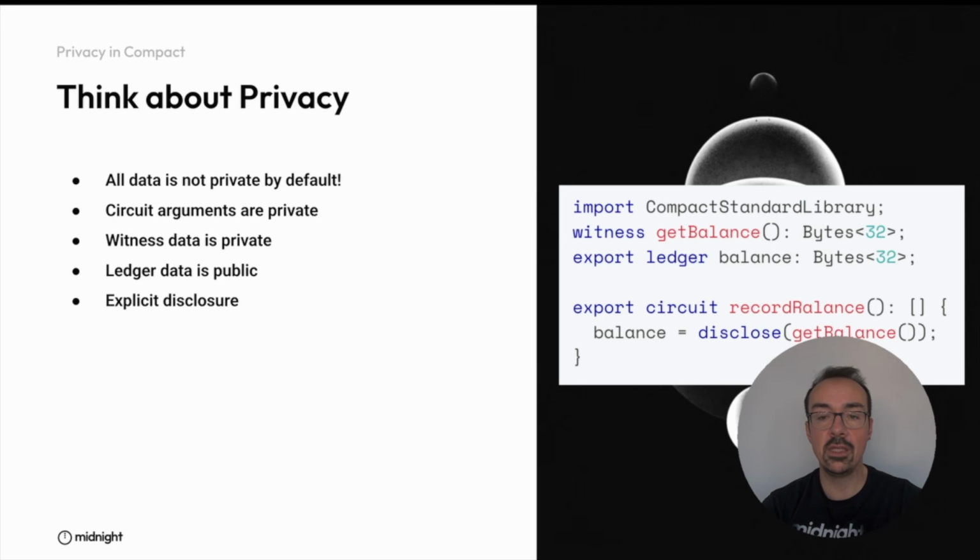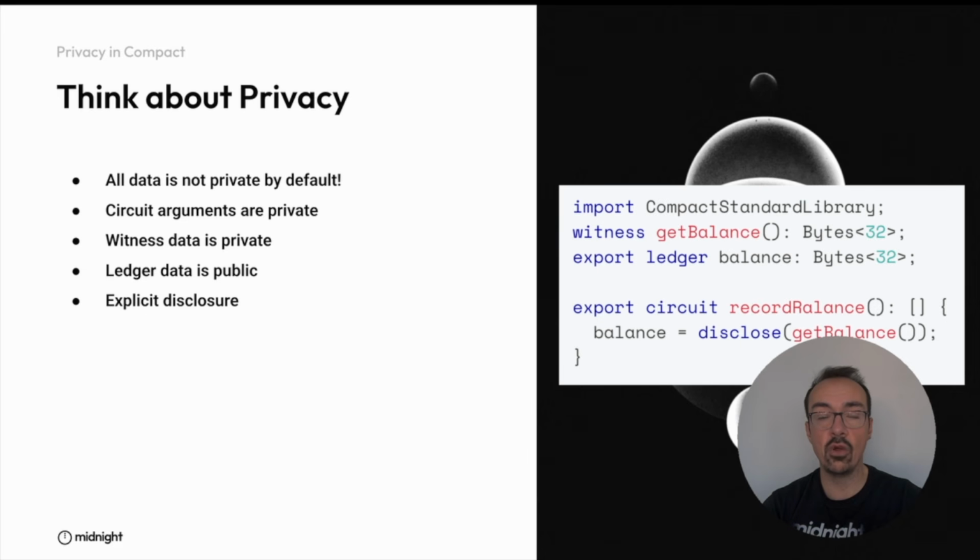So for example, here we have a witness get balance that's going to return some bytes. When you use it in your circuit, and if you don't use disclose here, the compiler is going to complain about it, because now you're saving the return value of get balance into balance, which is a ledger value.